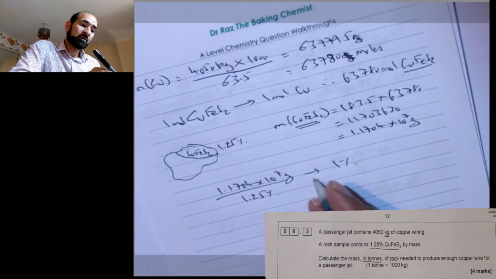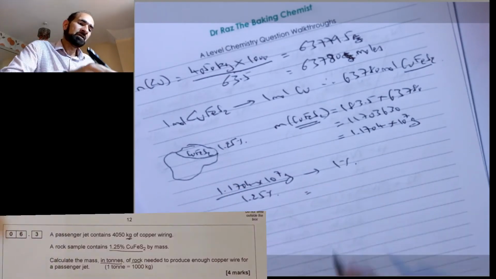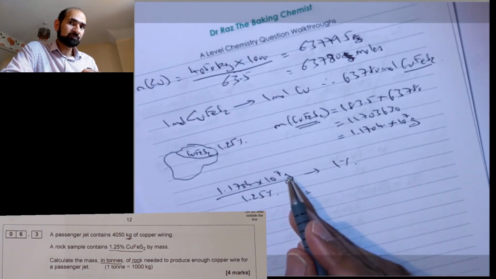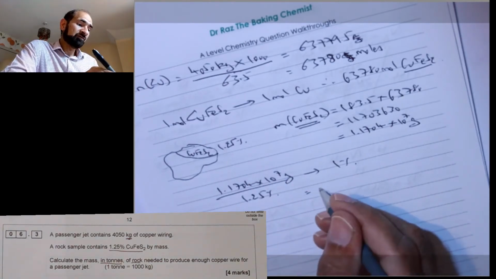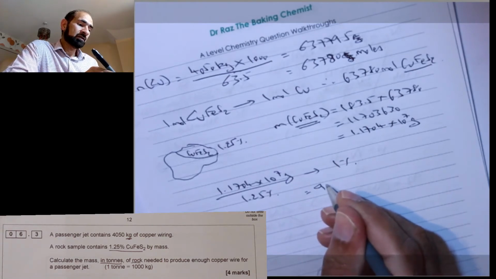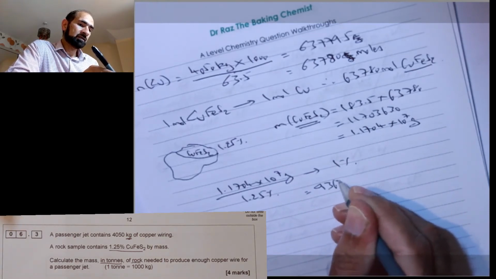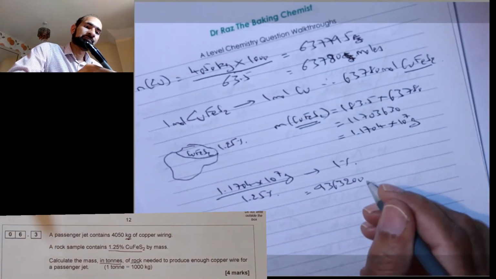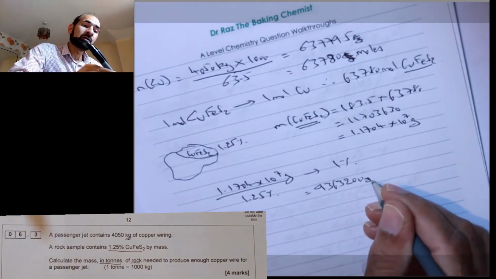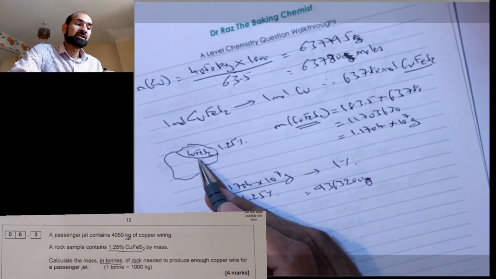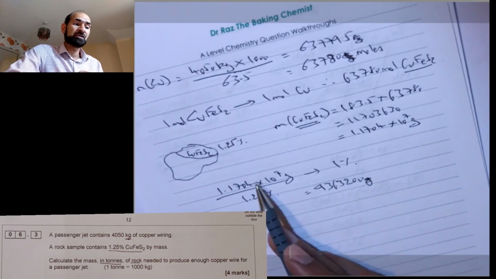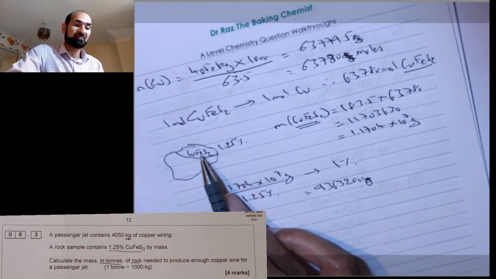That means if I take that much of the rock, it will only give me 9363200 grams of CuFeS2. So that's how much CuFeS2 I need.